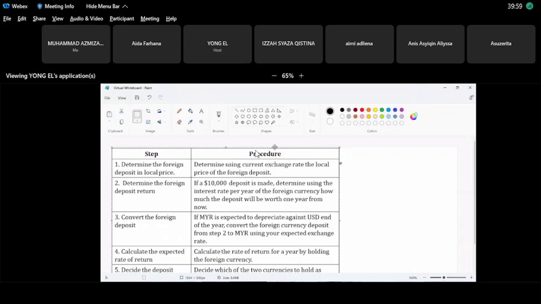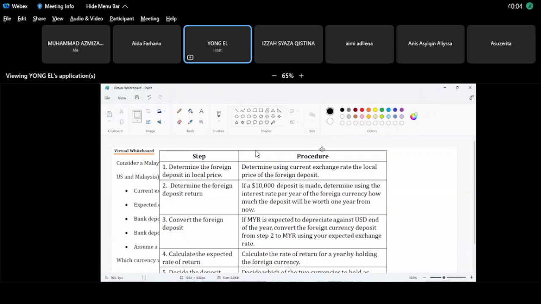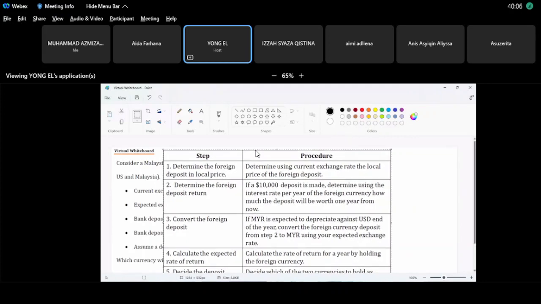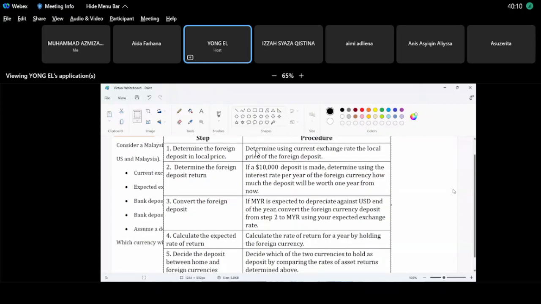Before we proceed, I will show you the steps here. You can take out your lecture notes. We have to do some quick revision regarding these steps. 5 steps, sorry, it's not 6 steps.